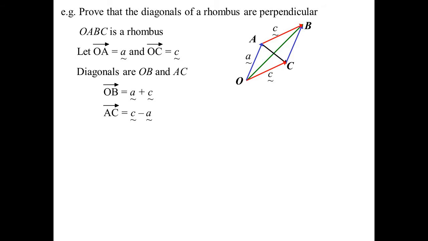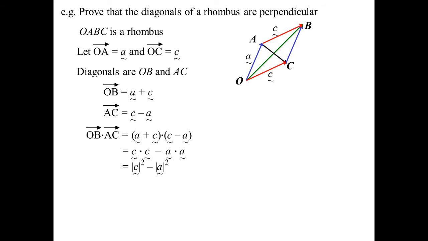We want to prove that those two vectors are perpendicular. So if I look at the dot product of A plus C and C minus A, which is essentially a difference of two squares, I get C dot C minus A dot A, the magnitude of C squared minus the magnitude of A squared.